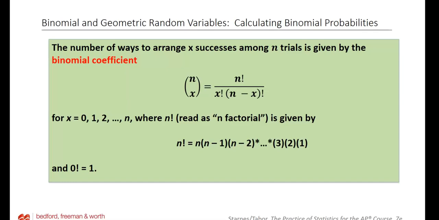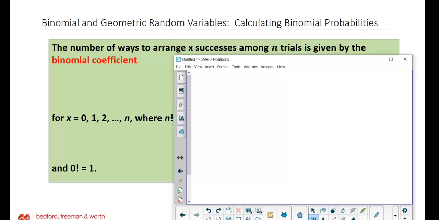Okay, here is the formula. I believe this is on your formula sheet here. And just a side note here: when it says n over x, that notation actually means, if you remember, nCr, so nCx.